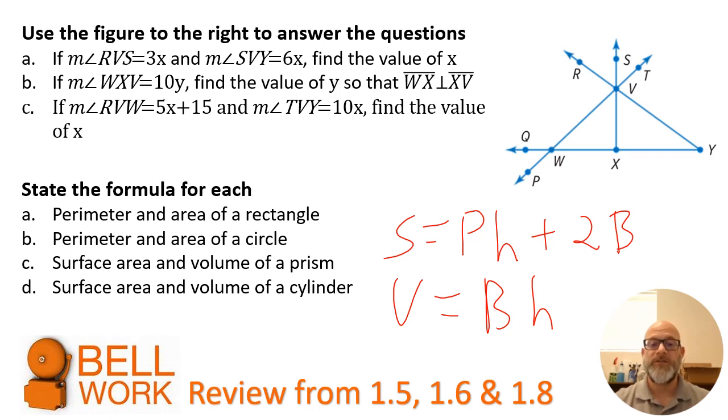This first thing says surface area equals Ph plus 2B. P is the perimeter of the base, h is the height, and B is the area of the base. Okay, volume is Bh. That's the area of the base times the height. Just as important as memorizing these formulas is memorizing what they mean.